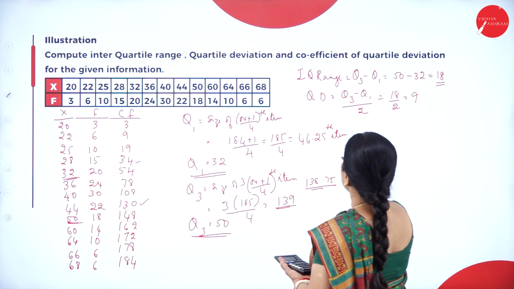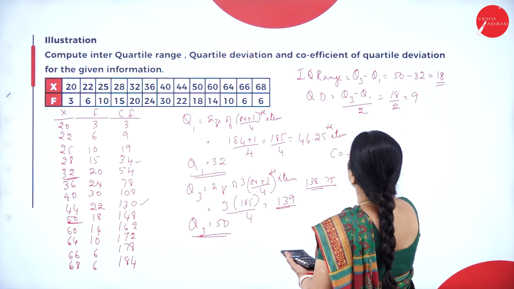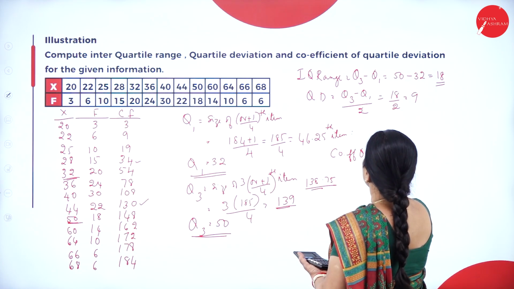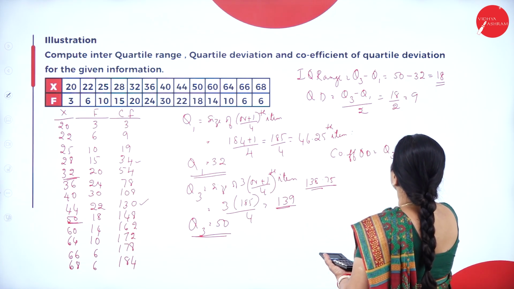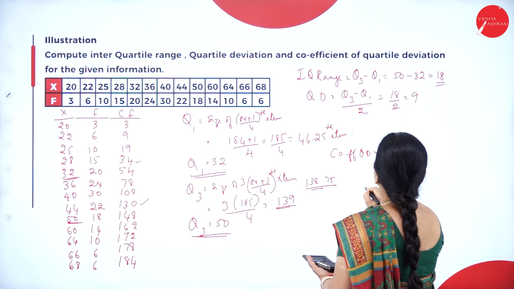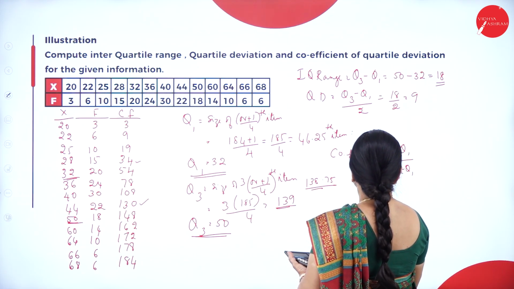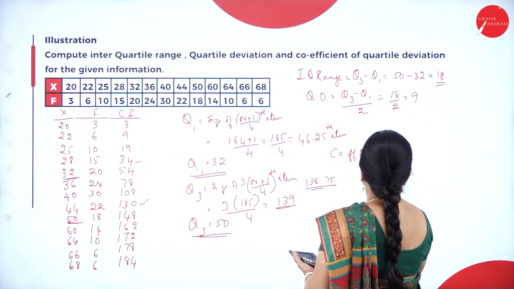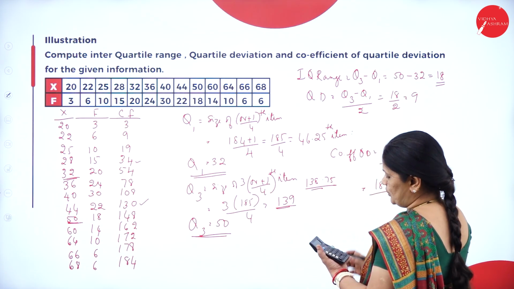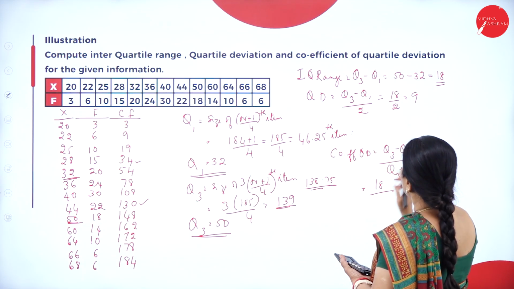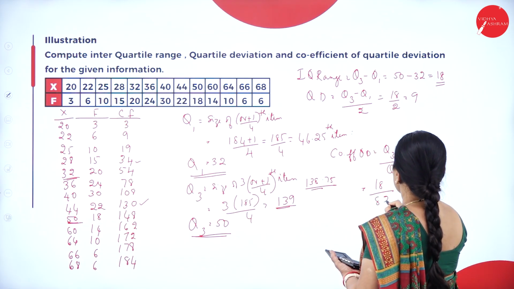Now the coefficient of QD will be equal to (Q3 minus Q1) by (Q3 plus Q1). So Q3 minus Q1 is 18, Q3 plus Q1 will be 50 plus 32, that is 82.